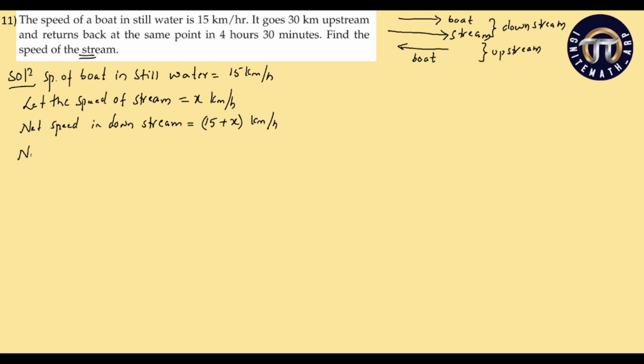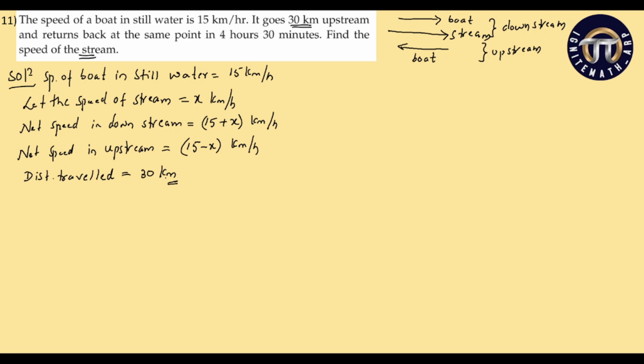So next is net speed in upstream. Net speed in upstream would be the speed of the boat in still water minus the speed of the stream. This is going to be the net speed in upstream. So now you are traveling a distance of 30 kilometer. So the distance traveled, whether you are going downstream or upstream, in this case is 30 kilometer.